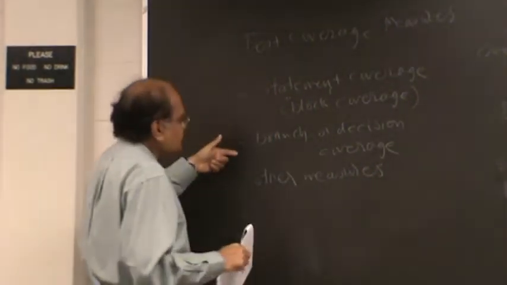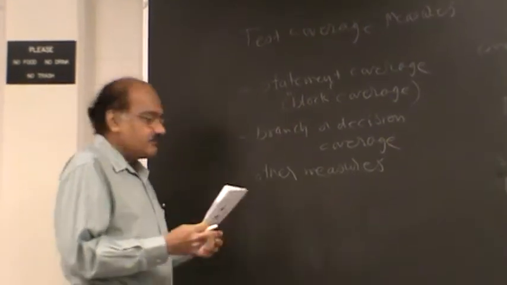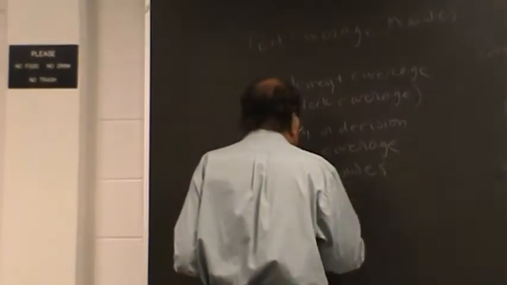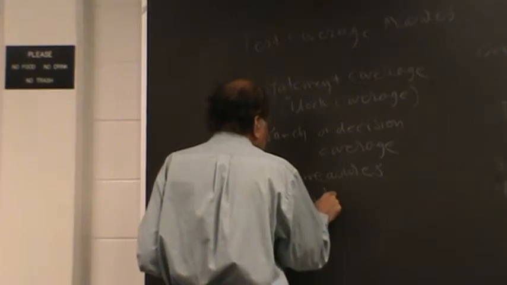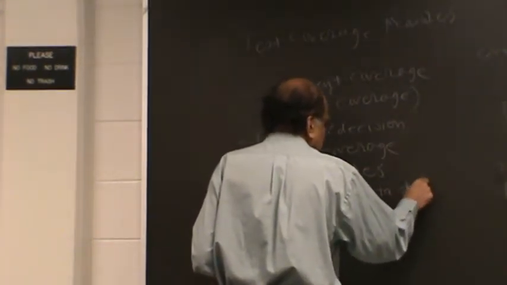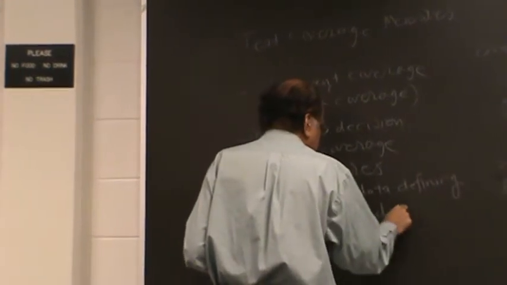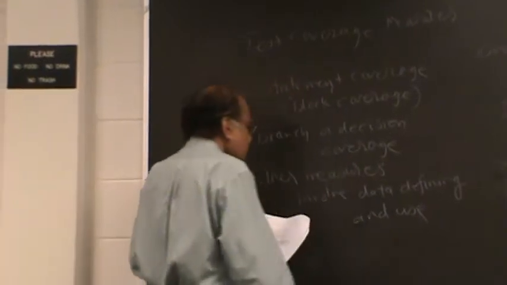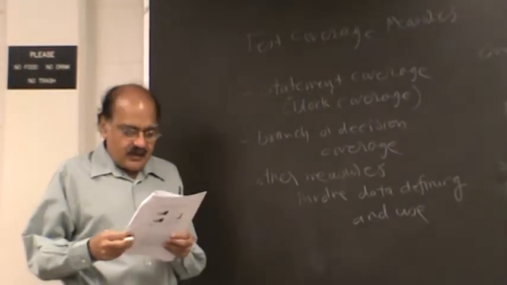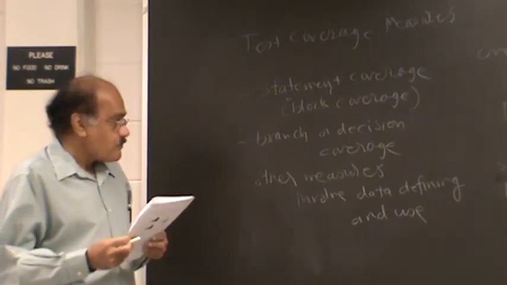Now these are structural coverage measures, and there are some coverage measures that involve data defining and use. So there are other measures, but I guess you can look them up in the literature.